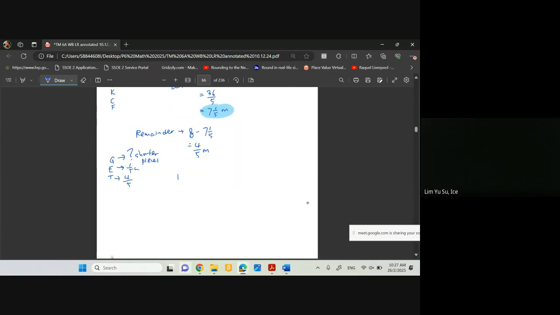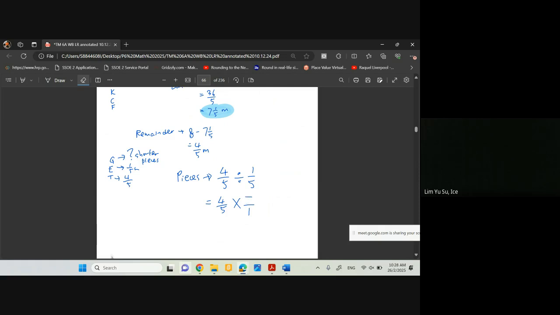Number of pieces will be, if you draw the model, you probably get the answer immediately. So take the total, 4/5, divide by each, 1/5. Then do keep change flip. Keep 4/5. Change divide to times. Flip 1/5 to 5/1. Can simplify? Yes. What's the answer? 4.